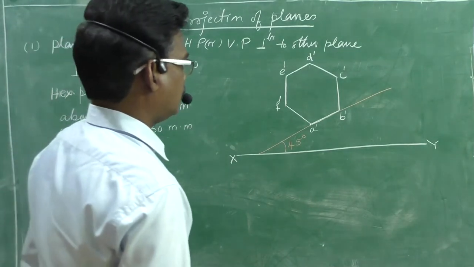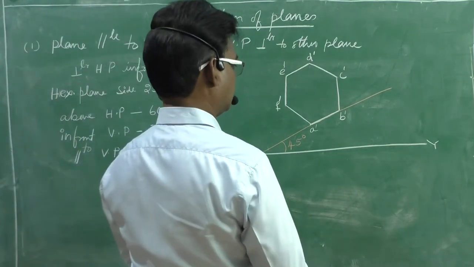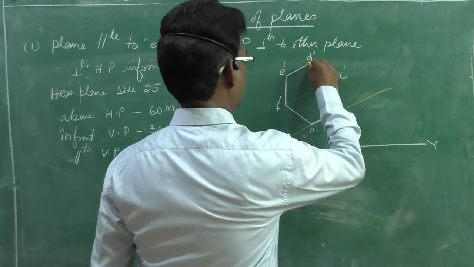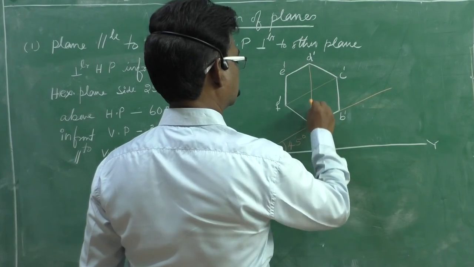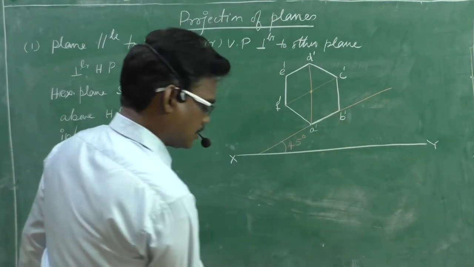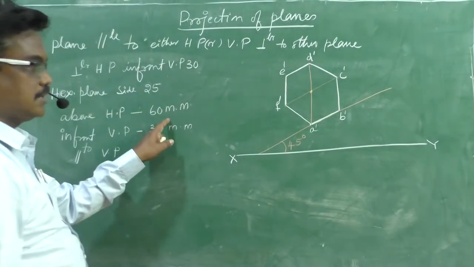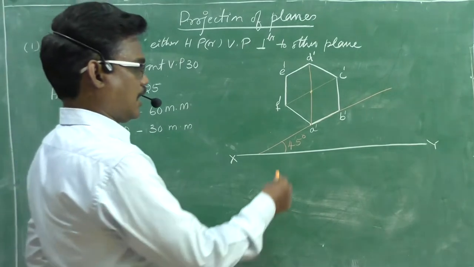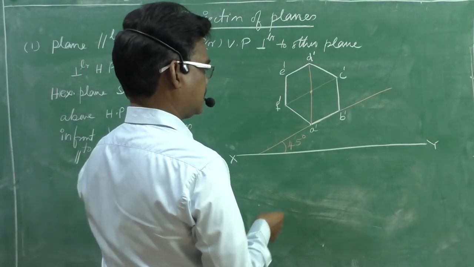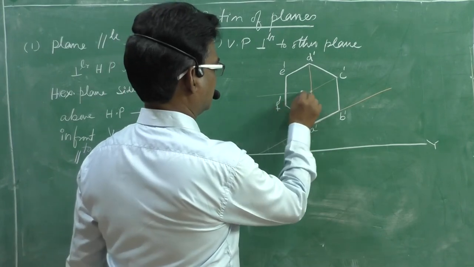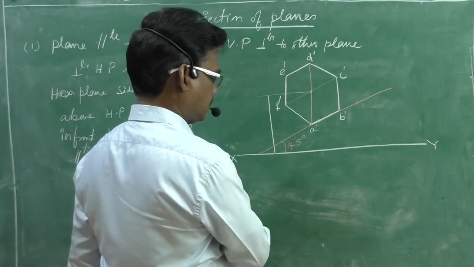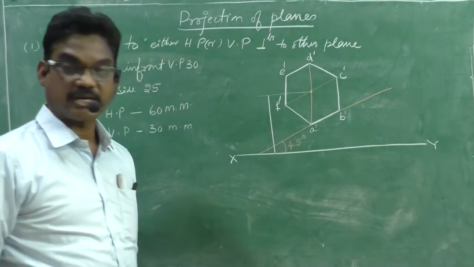Right. Now, locate the center. To locate the center, you need to connect opposite sides. You got the center. This center is above HP 60 mm. Therefore, after finishing this hexagon, you need to measure 60 mm, and at the distance of 60 mm, you need to draw the reference line.